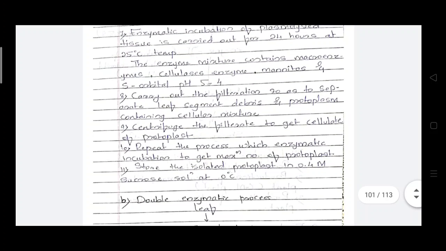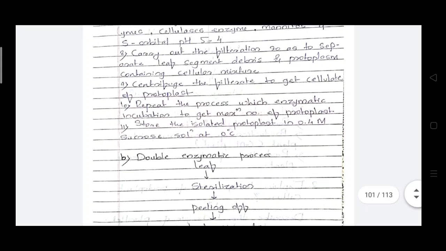Then carry out filtration to separate leaf segment debris from the protoplast-containing cellular mixture. Then centrifuge the filtrate to get the pellet of protoplast. Then repeat the process with enzymatic incubation to get the maximum number of protoplasts. Store the isolated protoplast in 0.4 molar sucrose solution at 0 degrees centigrade.